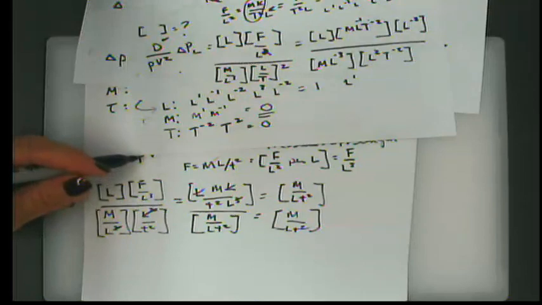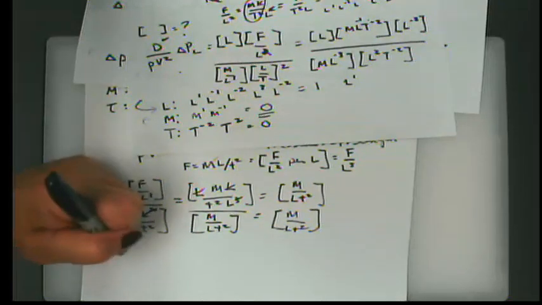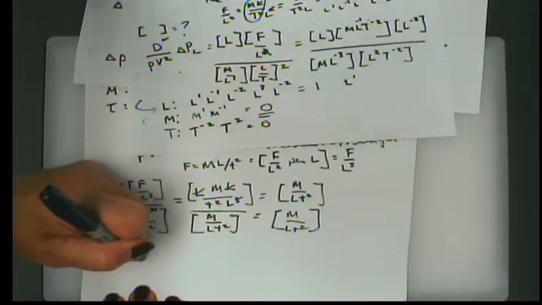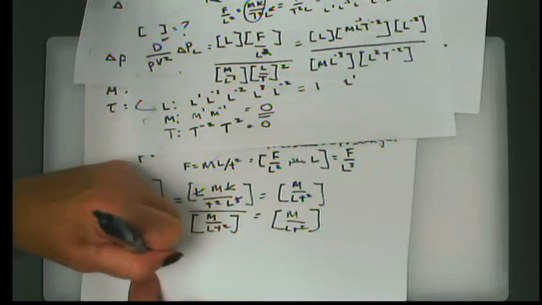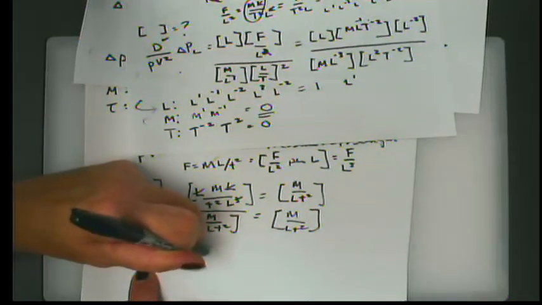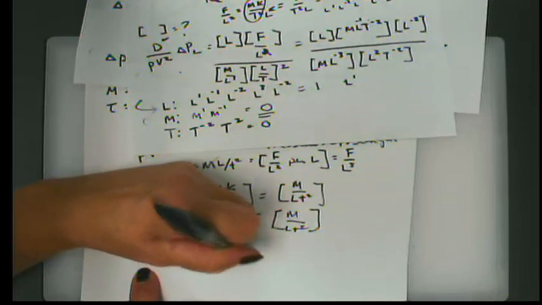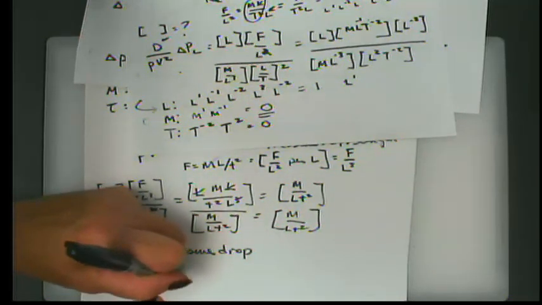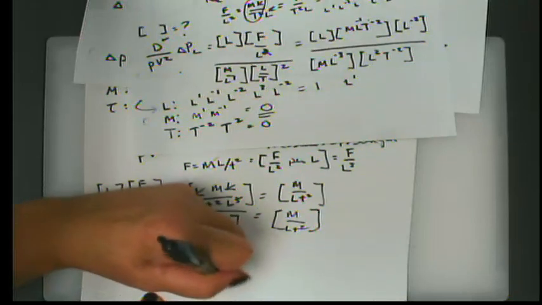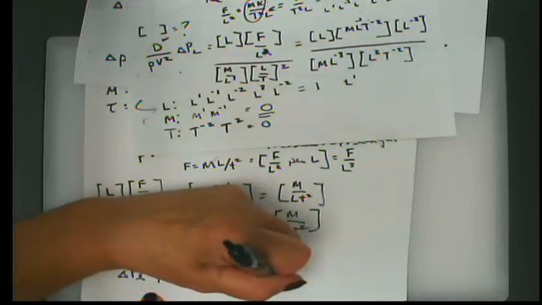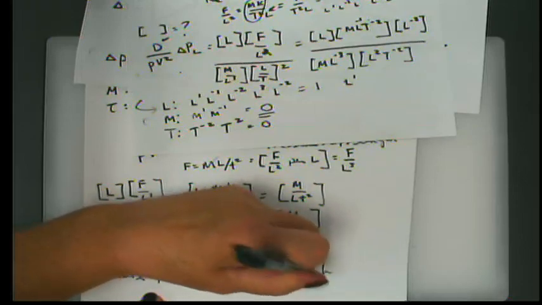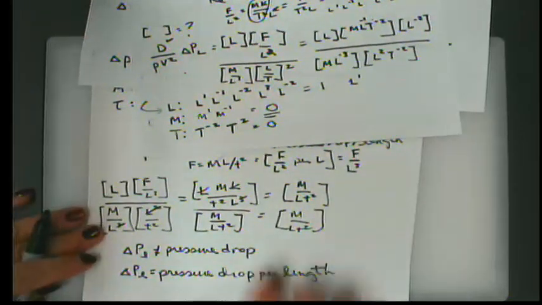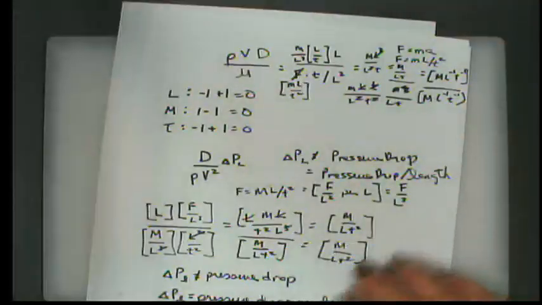So when we talk about the pressure drop, just to clarify, P sub L is not equal to pressure drop, as I had initially assumed. Delta P sub L is pressure drop per length. Right. So when we get the dimensions of our parameters correct, then everything works out.